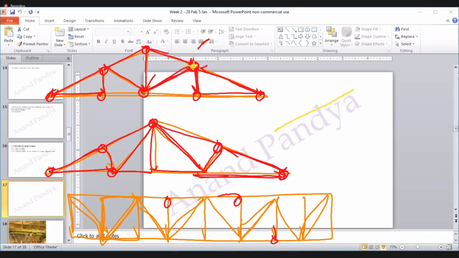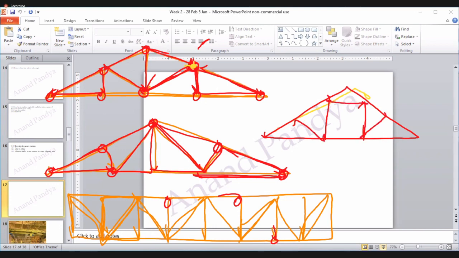There cannot be a truss if we have something like this, because there is a square element over here. Yeah, if I connect it like this, it is a truss.